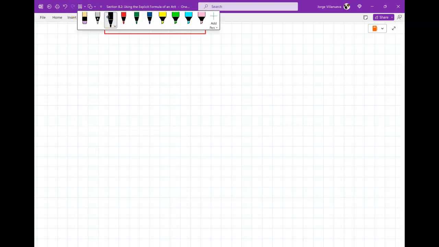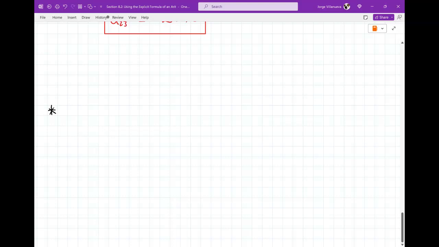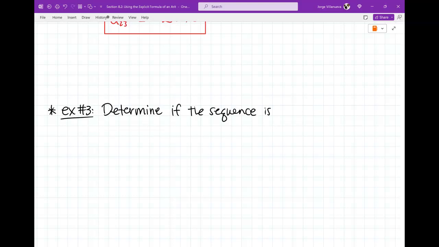All right, next example. These are the next four problems. So these three examples are going to encapsulate your whole front page. Okay? So example number 3 says determine if the sequence is arithmetic. So that's not too hard. You guys did that yesterday.